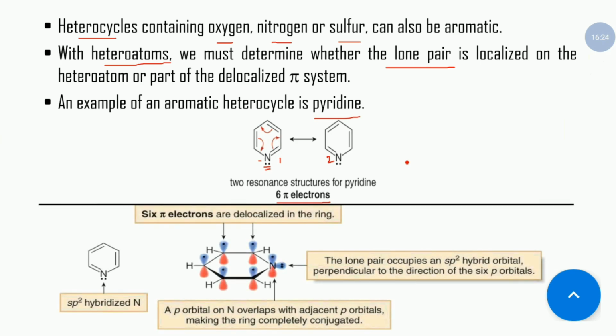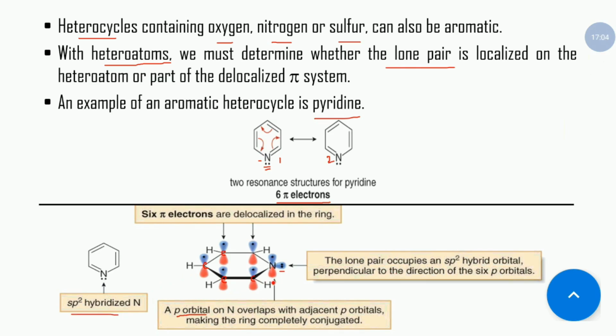Now if we look at the 3D structure of pyridine, here is the nitrogen atom, the heteroatom. The lone pair is positioned perpendicular to the plane of the total structure, and all the atoms, carbon, carbon, carbon, carbon, and nitrogen, are in p orbitals, maintaining sp2 hybridization.